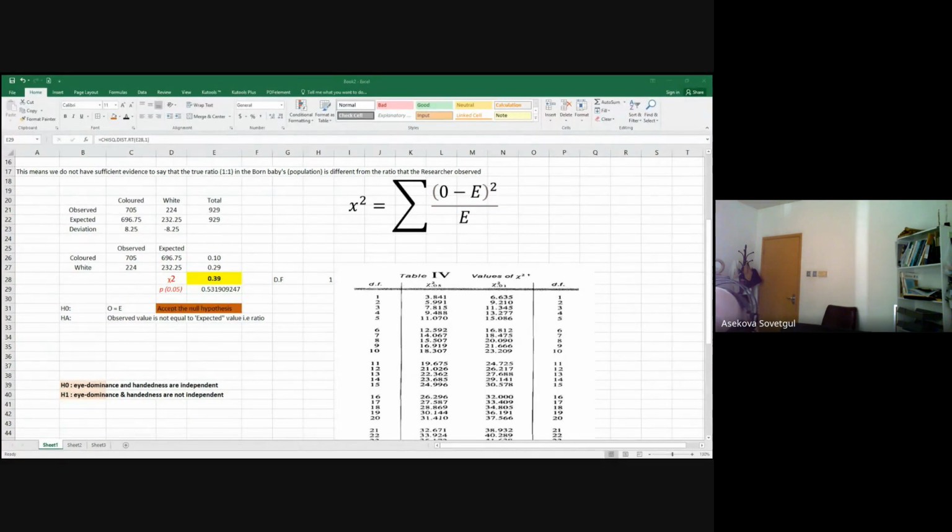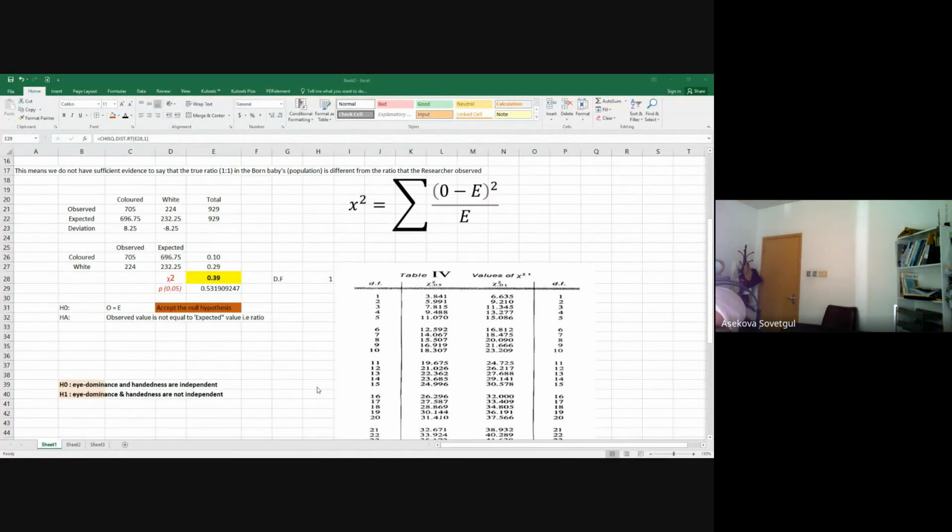Or we can say that we don't have sufficient evidence to say that the true ratio of 3 to 1 in the plant population is different from the ratio that the researcher observed. So I didn't find any difference between what the researcher observed and what I observed.